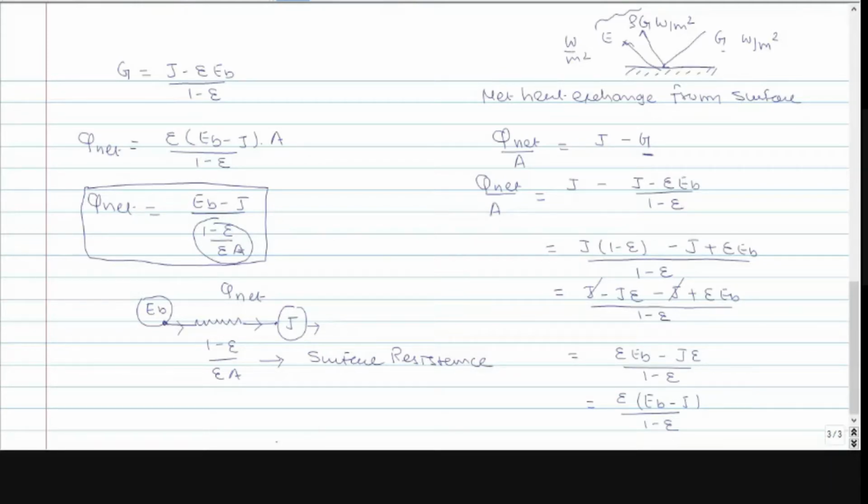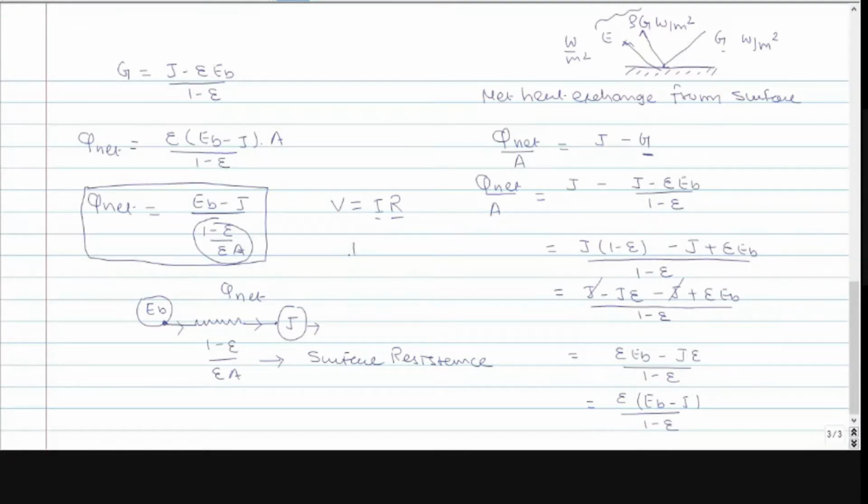So this is the interpretation of the surface property in the electrical analogy. If we compare the equations, if you remember V equals IR, V is the voltage difference, I is the current, and R is the resistance.